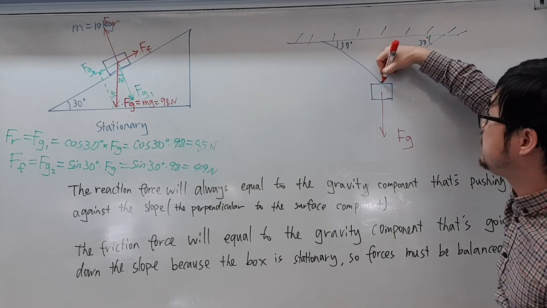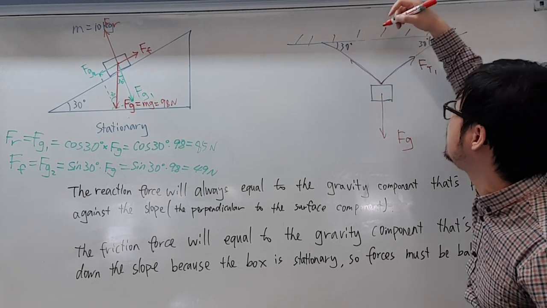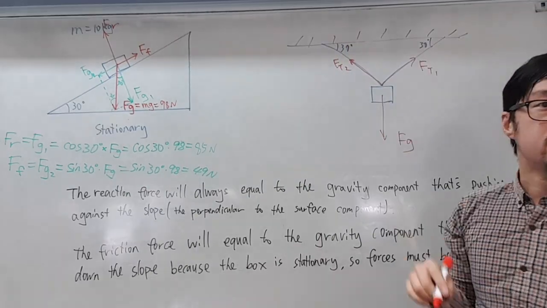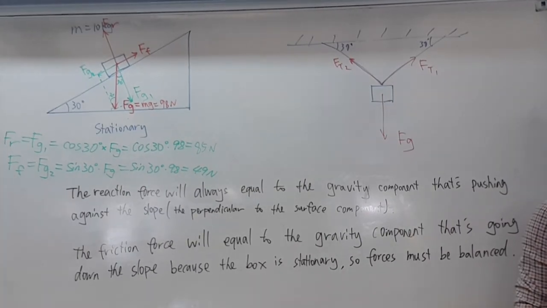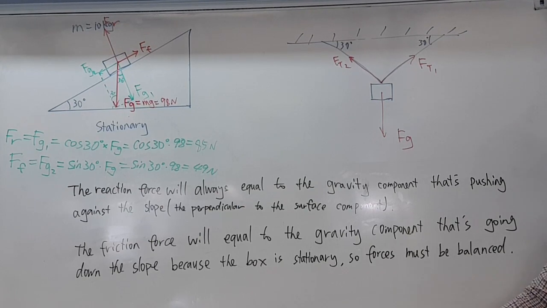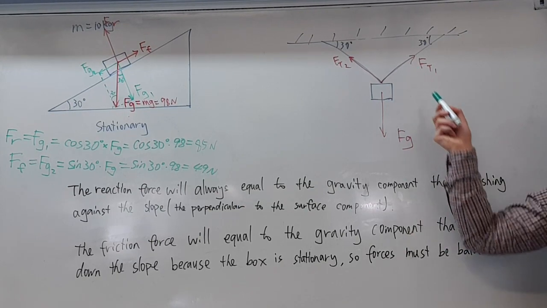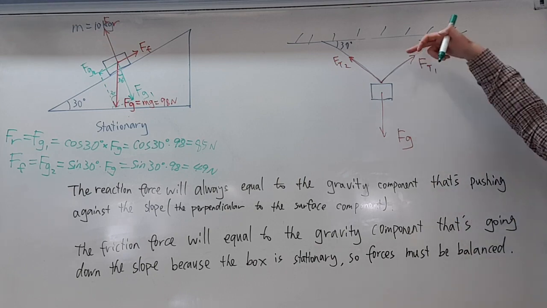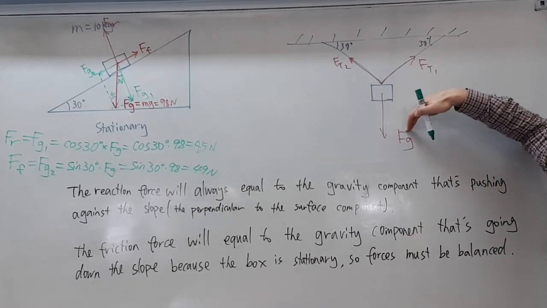And then there is another tension force inside this string going in this direction, Ft2. Does it make sense? Okay, and then have a think, how are these 3 forces going to be balanced over here? Yeah. Ft1 plus Ft2 has to equal the gravity force. This one and this one have to equal this one, right?